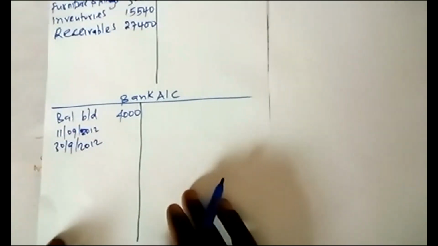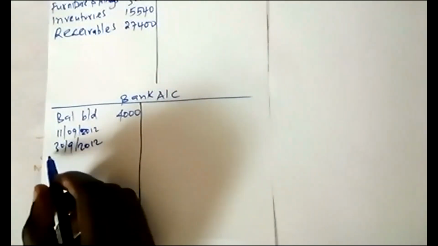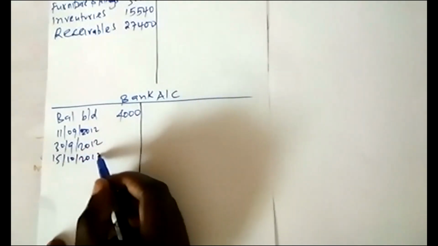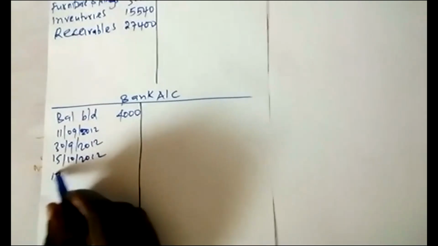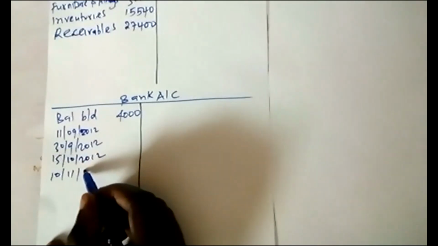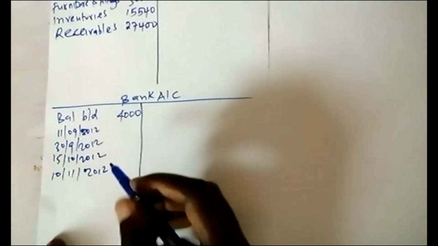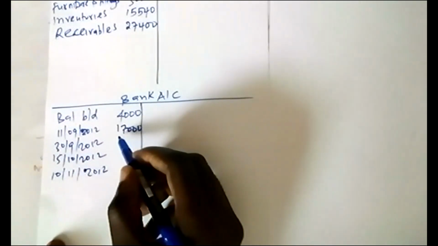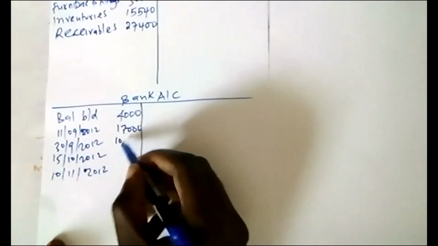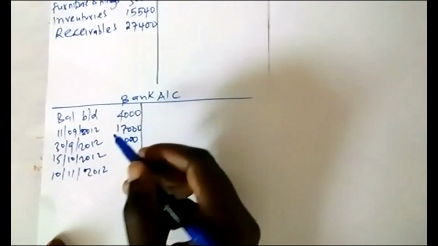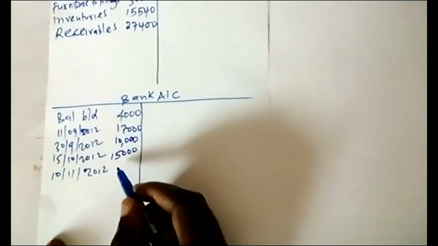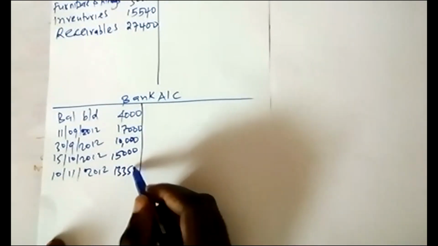So I think you have these totals from our first statement. Then we have for 15 September. Then we have for 10th November. So I'm recording from the first statement we did. So this one was 17. So this one was 10. So these are the realizations, the total realizations. Then the last one was 13,350.